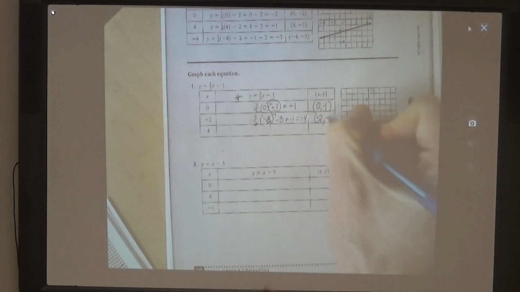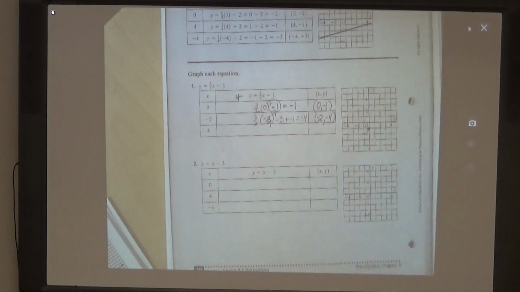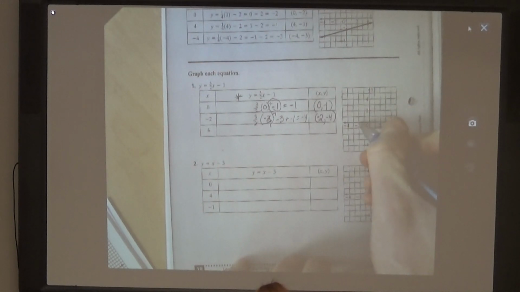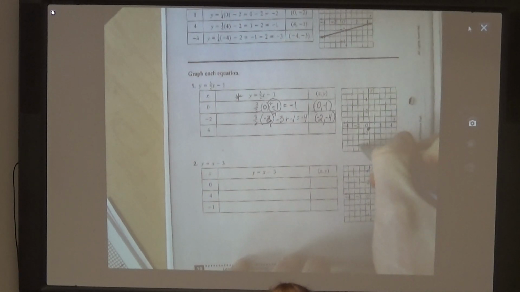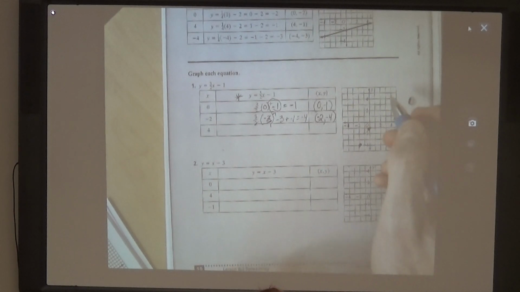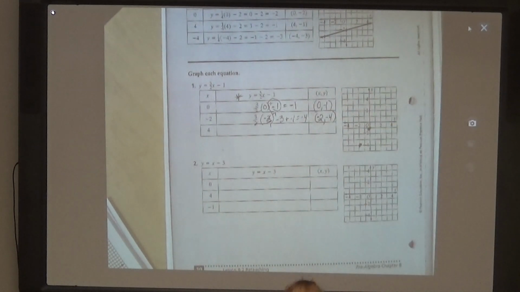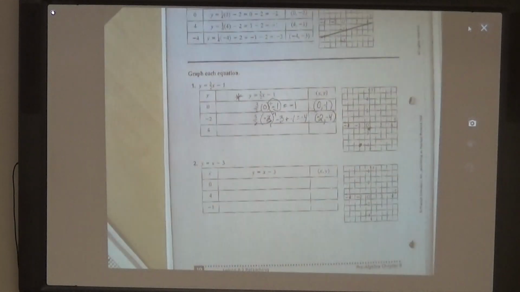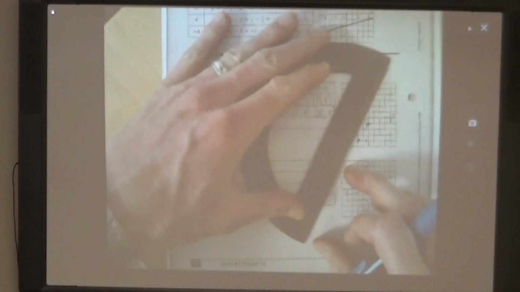Negative 2 and negative 4. Good. Those two go together to make the equation true. So put that dot on the graph. Find the last ordered pair. And then draw the line.